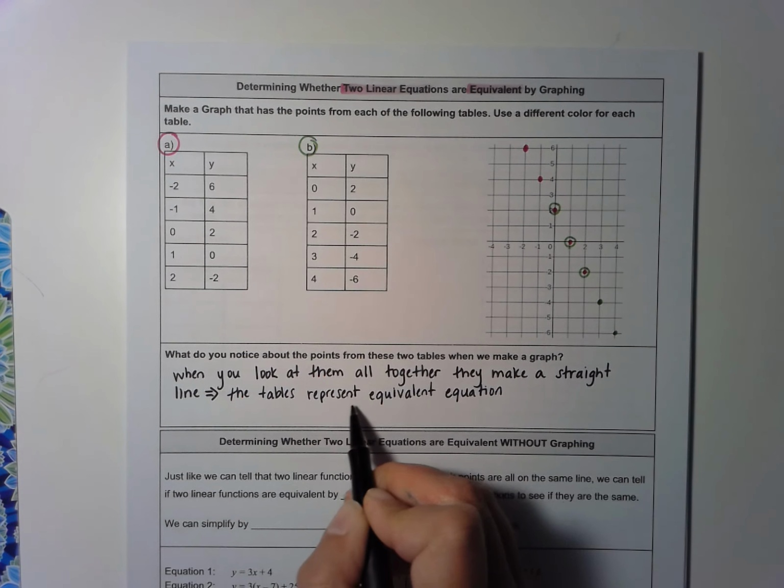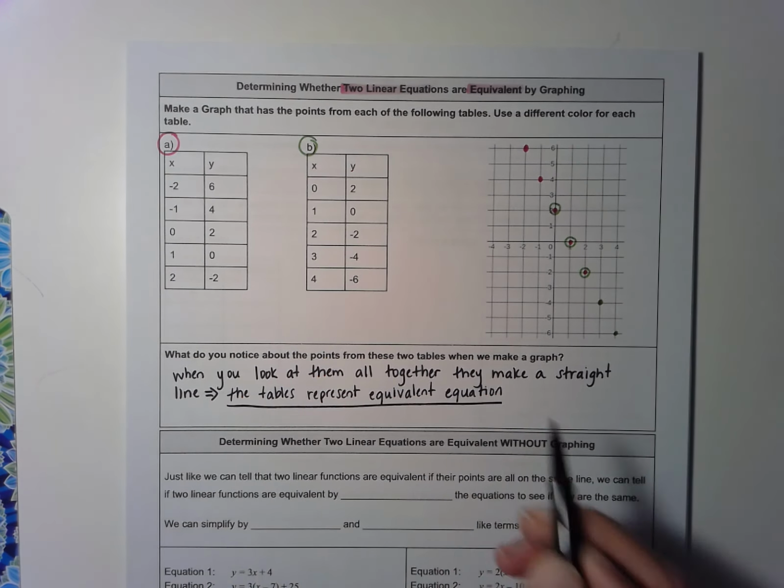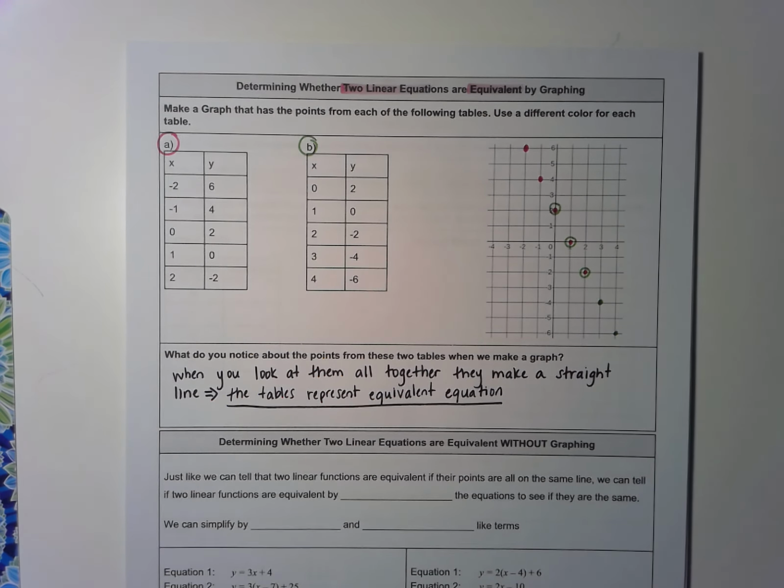So because they make a straight line, the tables must represent equivalent equations. It means if you wrote the equation, even though they might look different, they represent the same information.